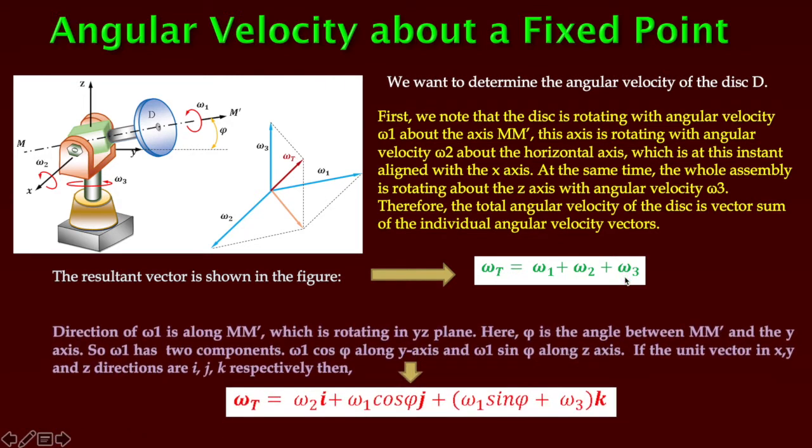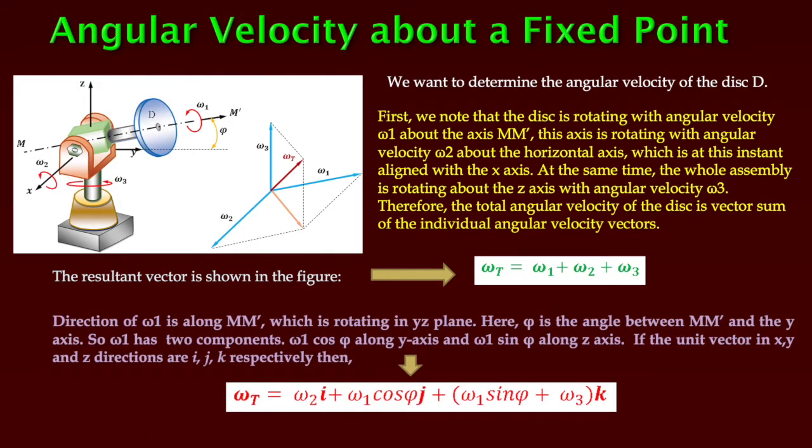Now how to go through this vector summation? You notice this is omega 1, this is the direction. At a particular instant the angle made here is phi. So phi may have two components, along y axis and along z axis.